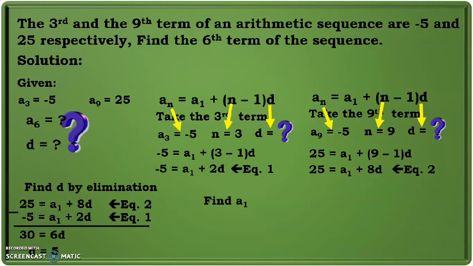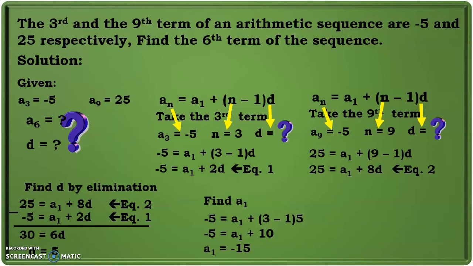Then, find the first term. We have negative 5 equals a sub 1 plus 3 minus 1, times 5, equals negative 5 equals a sub 1 plus 10. Then a sub 1 is equal to negative 15.